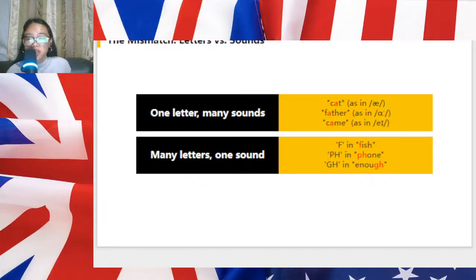There are two core challenges. First is one letter, many sounds, meaning you see the letter a used in cat, in father, and came, each with a distinct sound. Well, that's just an example. Now, that is one letter, many sounds.